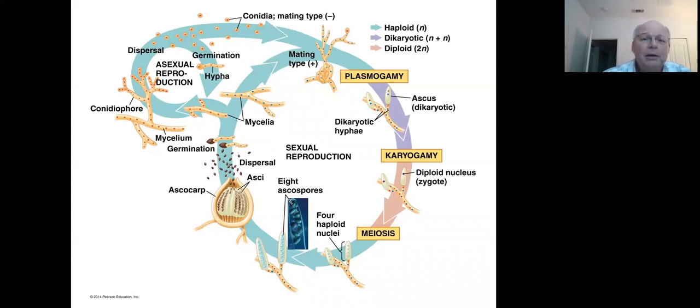Anyway, the asci are contained within the ascocarp, the fruiting body of the ascomycetes. Once one of the asci ruptures and releases the ascospores, all of them rupture. So individual asci will rupture, but that triggers all the asci within the ascocarp to rupture.